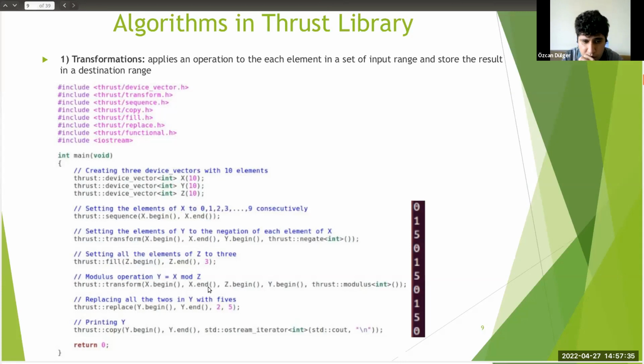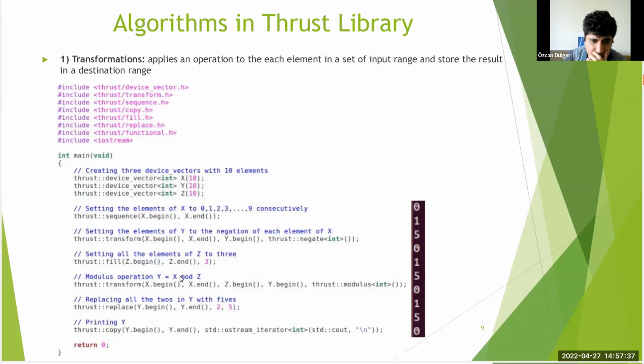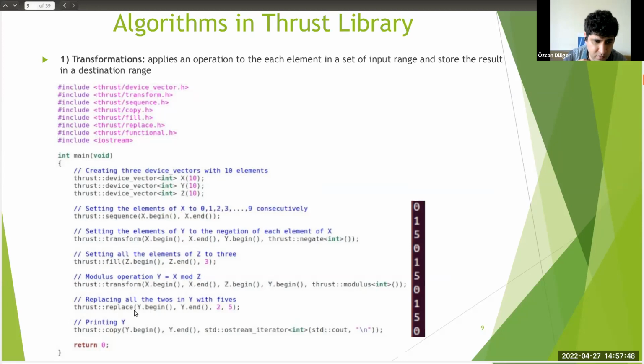So this formula is applied for each element in x by using z. And the replace operation here replaces 2's with 5's in the given range. So in all of the elements of y, the 2's are replaced with 5's.